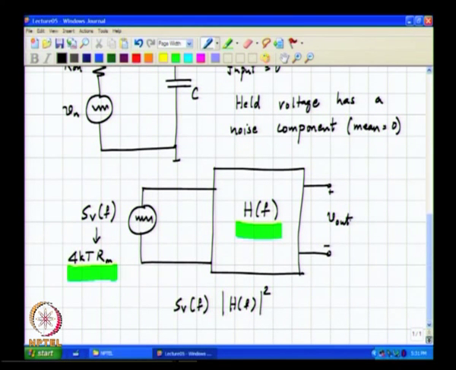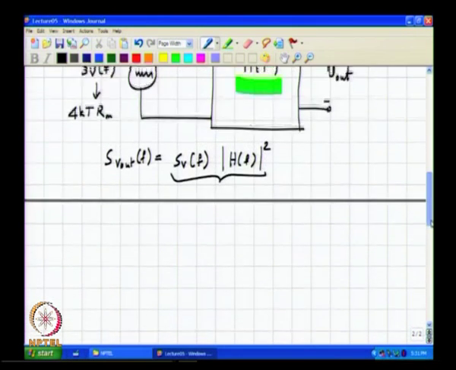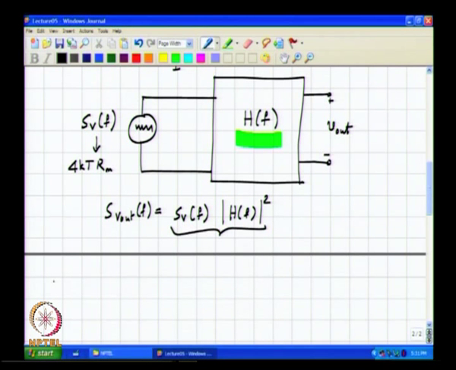So, if you look at the output spectral density, this is simply the power of the output waveform in a 1 hertz bandwidth around a frequency f. Okay. Now, clearly the input, the SV of f, that is the noise process, is white, which means that SV of f is independent of frequency, and that turned out to be 4 kTR volt square per hertz.